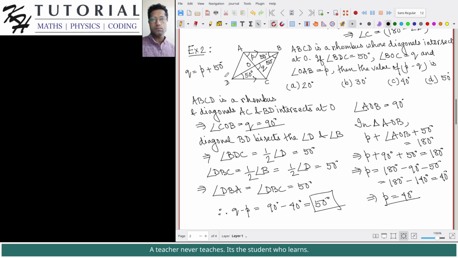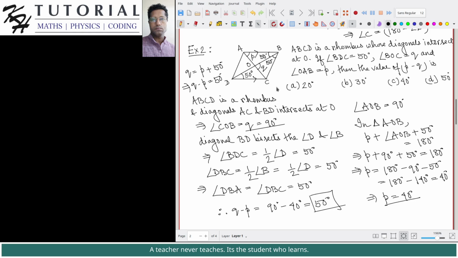So from there we know that an exterior angle is equal to the sum of the two opposite interior angles. From there we could have said Q is equal to P plus 50, and directly we would have got Q minus P is equal to 50 degrees. So there are various methods or steps to solve a given problem.